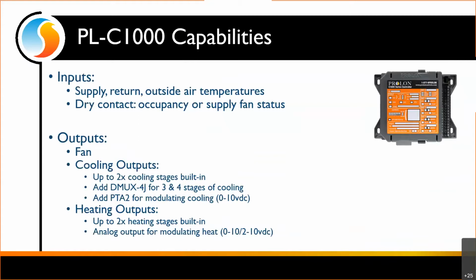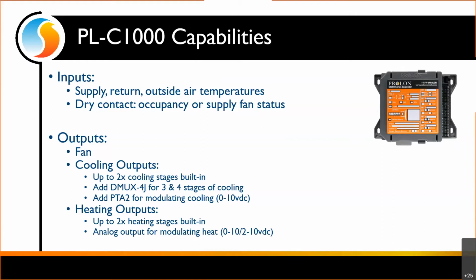And with the digital input, which is basically a dry contact, we can either use it for occupancy or for the supply fan status. On the outputs, this controller has 5 outputs. So 1 output is for the supply fan. We've got 2 dedicated outputs for cooling stages, and we have 2 dedicated outputs for heating stages as well.